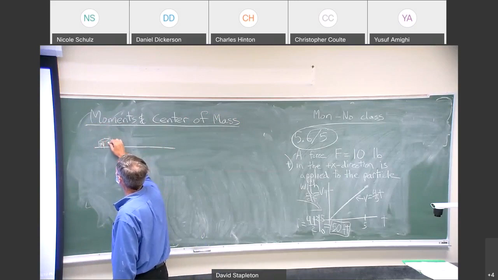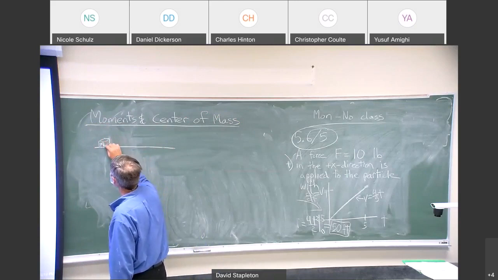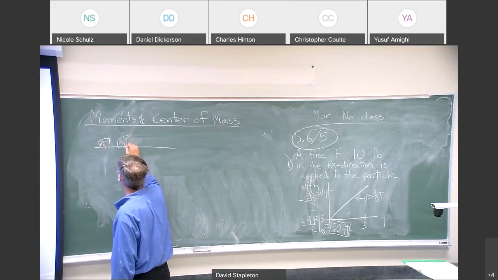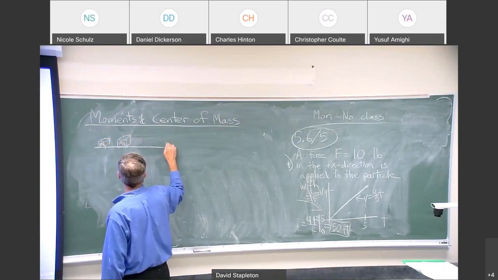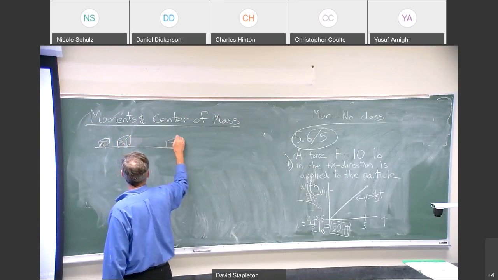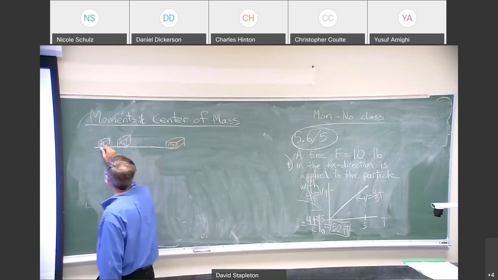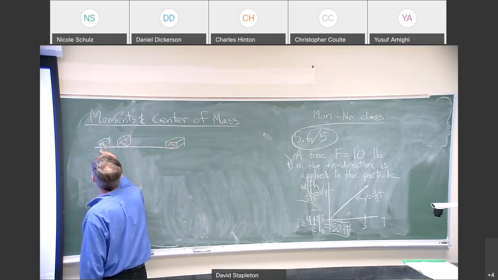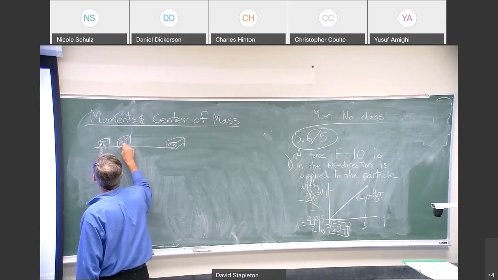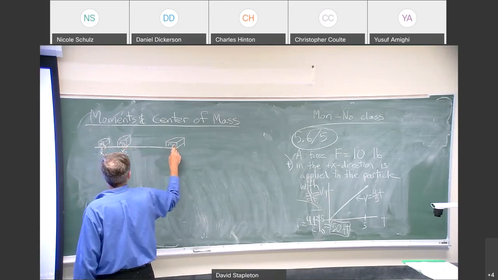M1, M2. They might be different weights, not necessarily all the same weight. Mn, n different masses, and you put each of them at a position x1, x2, xn.